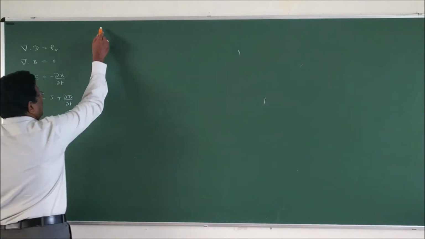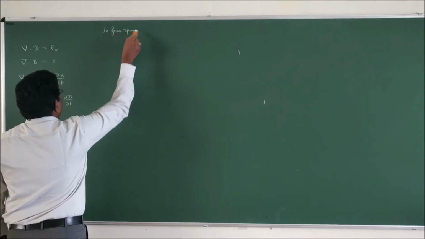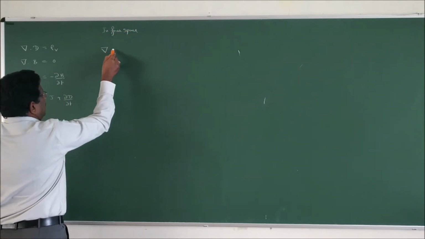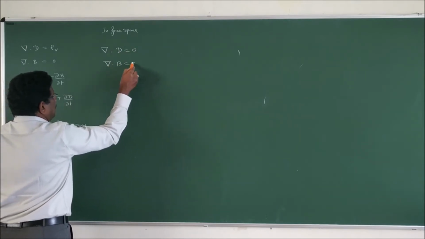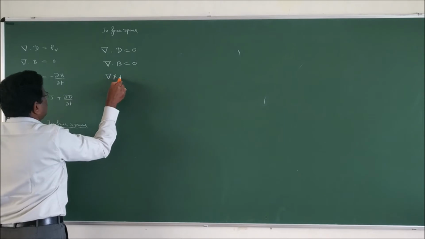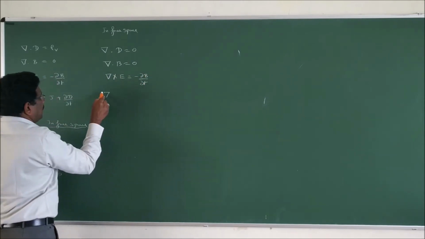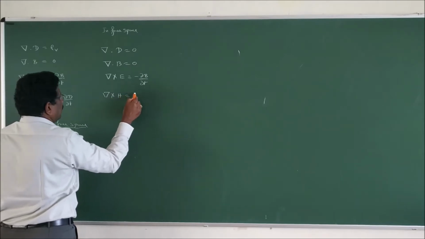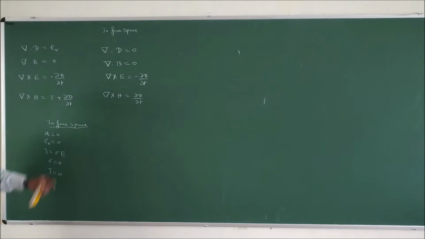Then my statement is, in free space, let us recall: del dot D equal to 0, del dot B equal to 0, del cross E equal to minus dou B by dou t, del cross H is equal to dou D by dou t. What happened to J? J becomes 0. What happened to rho v?